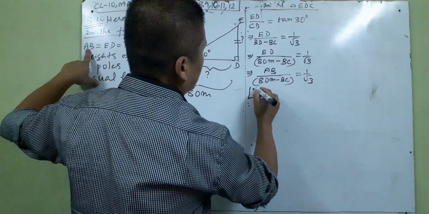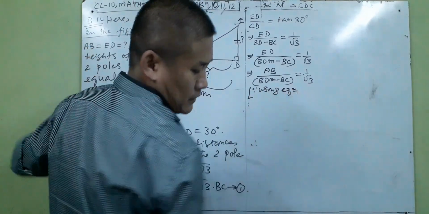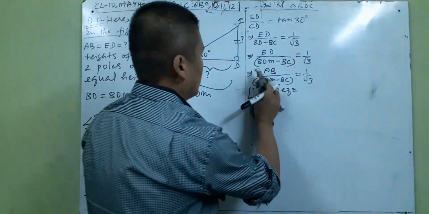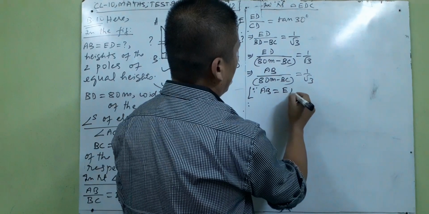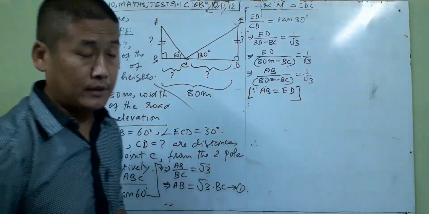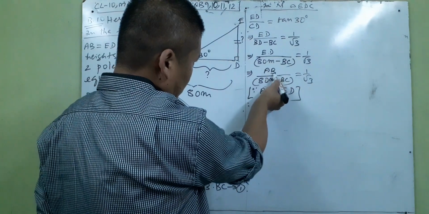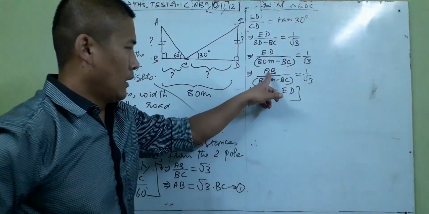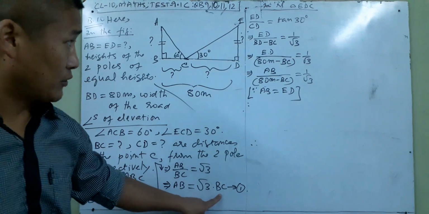And we can give the reason here. We didn't number it, so we just write here: AB equal to ED, the height of the two poles are equal, the question says. Now, what is the advantage of changing ED to AB, or why did we do that? Because we have the value for AB, root 3 BC from equation 1.